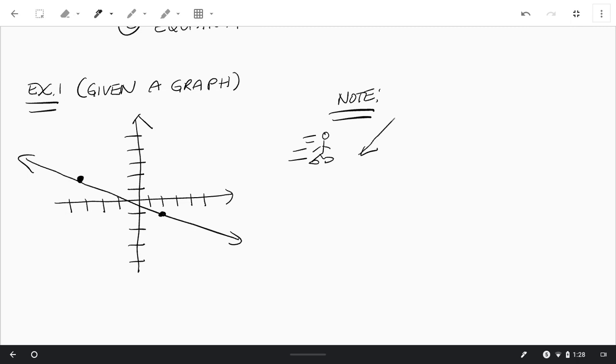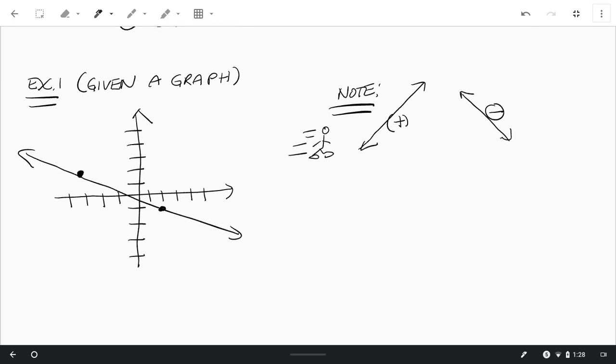If suddenly the road starts to do this, then you would say that this has what kind of a slope? Positive. Okay. So if you see a line that is rising from left to right, then it would have a positive slope. Now, suppose that the little guy keeps on walking, and then all of a sudden the road starts to do this. Okay. Then here, it would have a negative slope.